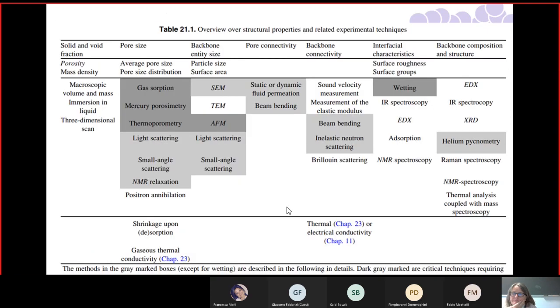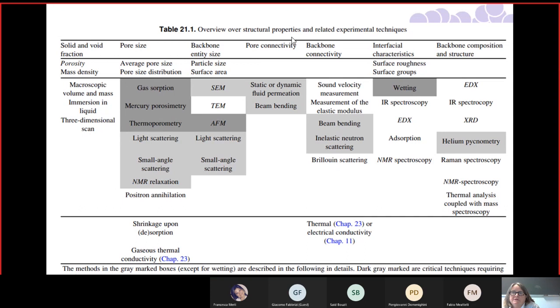And in fact, this particular slide is from a chapter on structural characterization of aerogels in the handbook by Gudrun Reichenauer. And it just goes through some of the things that you might want to measure across the top. Things like solid and void fraction, pore size, backbone size, that's the solid part.